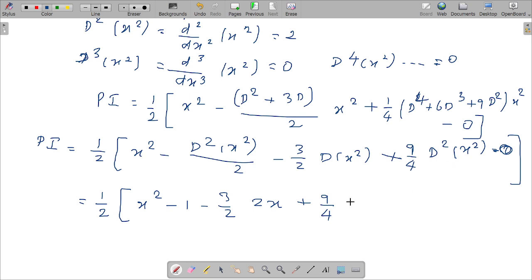D square x square is 2 into 2, so that gets cancelled. 9 by 2 will come. And then minus 1 plus 9 by 2.